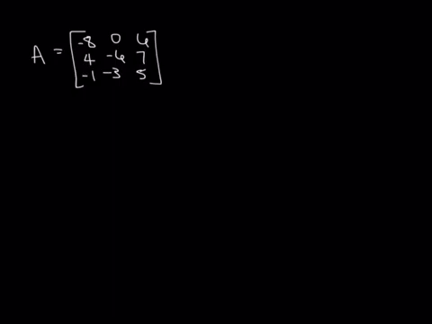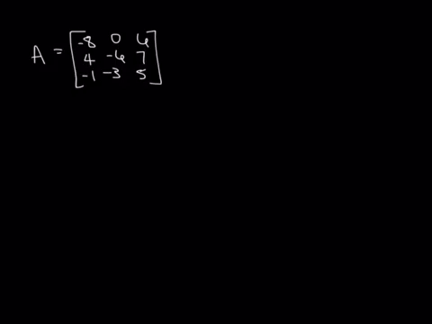What we have left is negative 6, 7, negative 3, 5. Now we have a 2 by 2 matrix, and we can find the determinant of that fairly simply. We take this minus this. So these turn to a plus, and we get a negative 9.